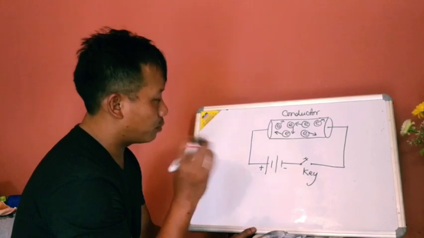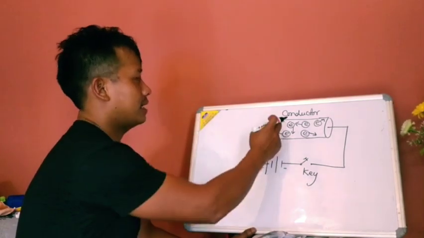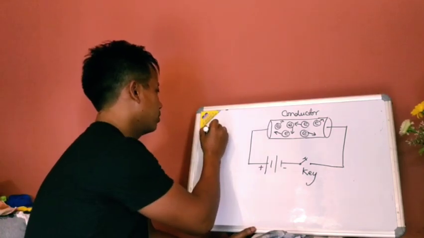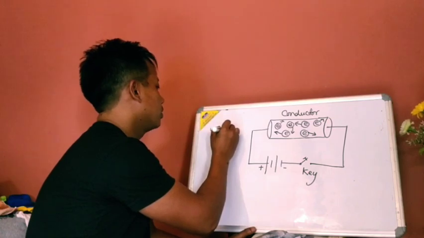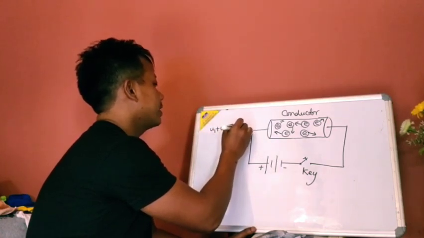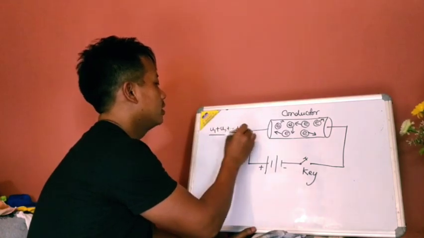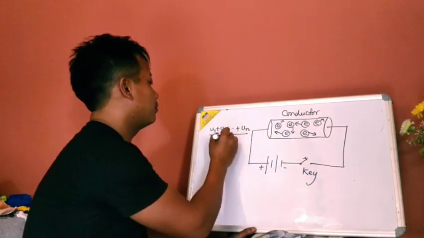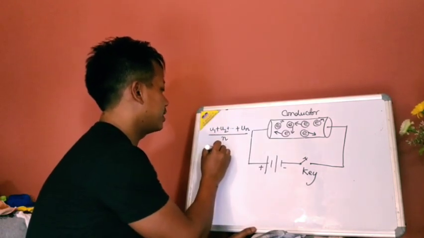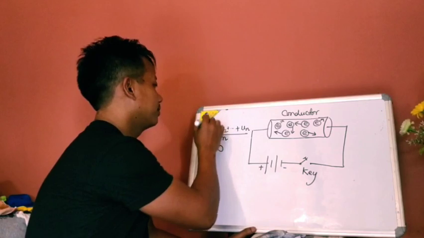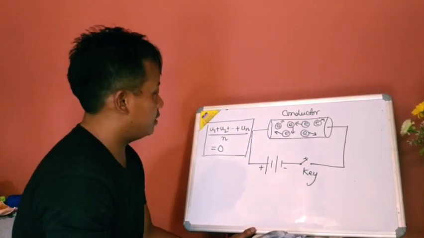Before the electric field is applied, consider the average velocity. The first electron has velocity u1, the second electron has velocity u2, and the nth electron has velocity un. Adding them and dividing by the number of electrons, the average velocity is 0. Why should it be 0?